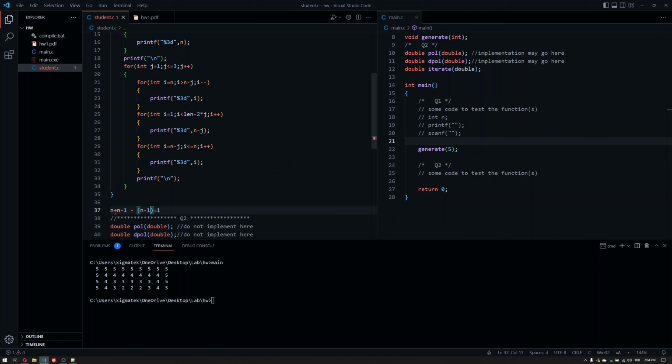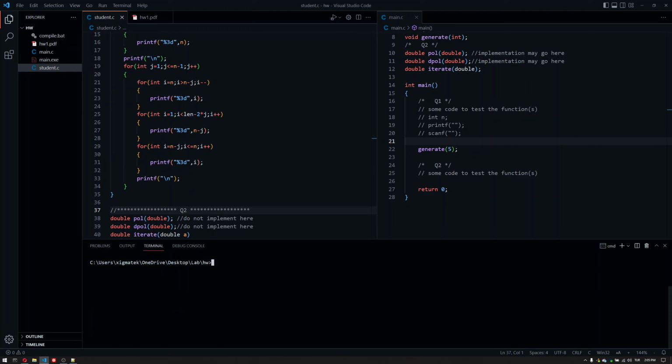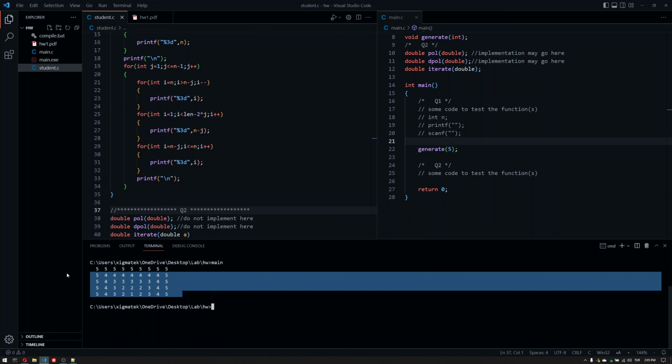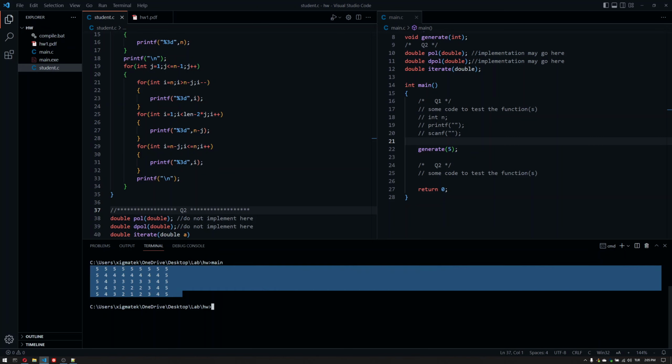So n minus 1 would get rid of that, and minus n minus, so I guess this works here, because minus 2n plus 2 minus 1 gives 1. So the upper limit here should be n minus 1. There we go. Because the for loop in the middle should just run once, because we will print it out once. Now we have completed the task halfway.